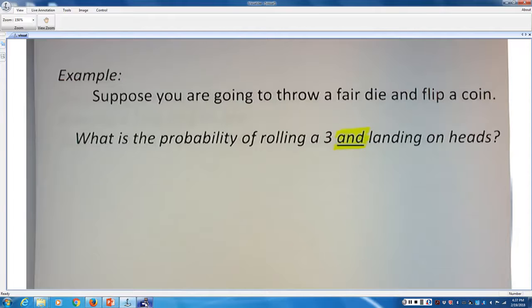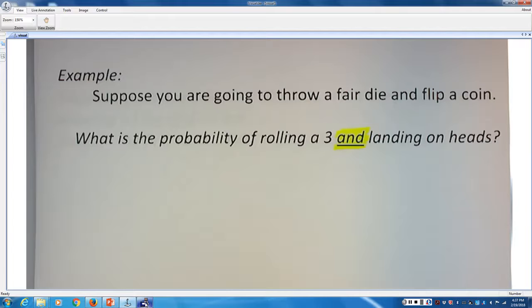I am going to tell you to memorize some words. And means multiply. Or means add. And means both. Or means one or the other, which is why you have to add them together to get probabilities.